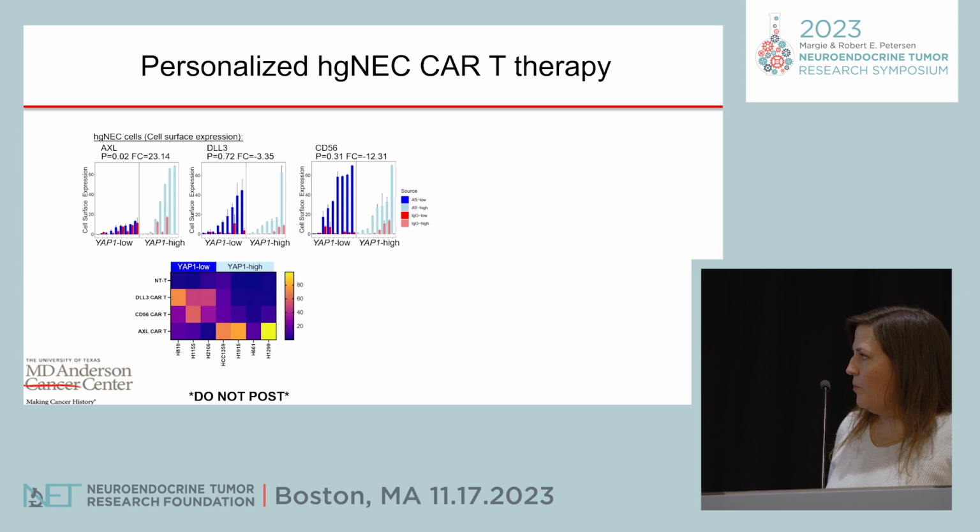And when we test these cell lines using CAR-Ts, even though there is not a significant difference in DLL3 or CD56 in the YAP low versus high cell lines, we do see significant cytotoxicity in the YAP low cell lines. And conversely, the AXL CAR-T is more effective in YAP high cell lines.